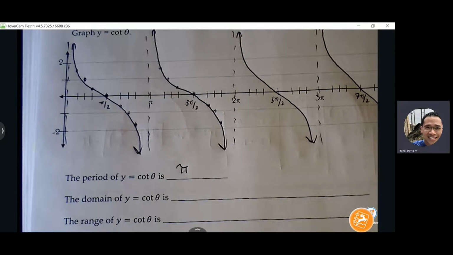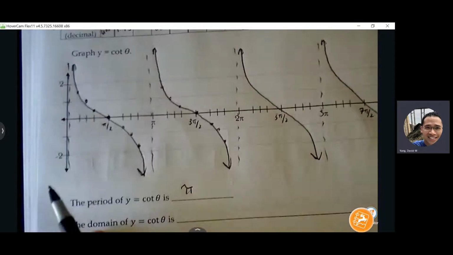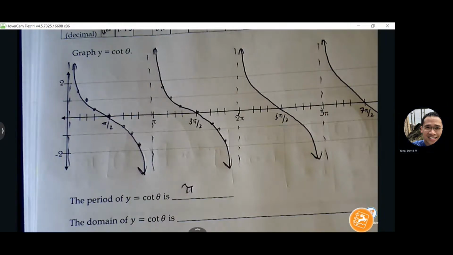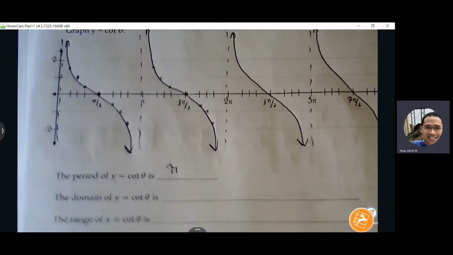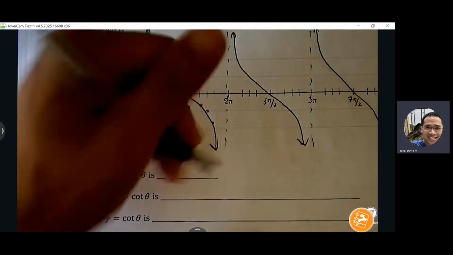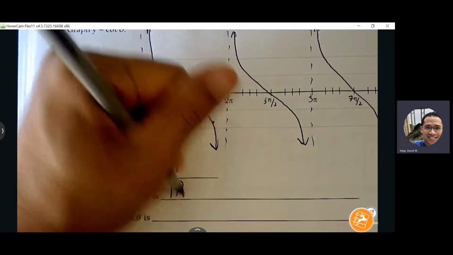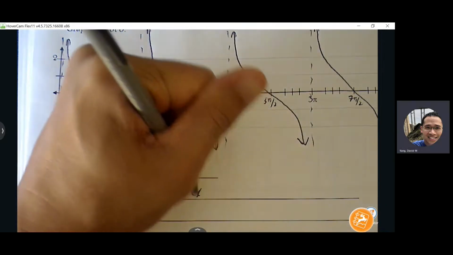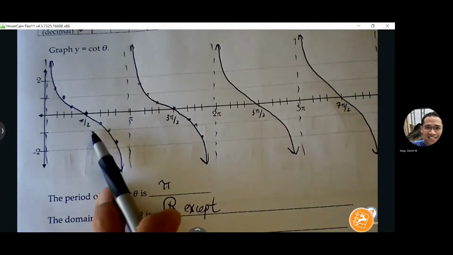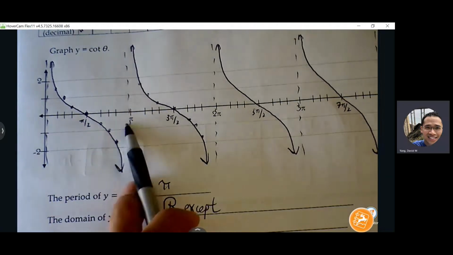Domain. So domain, we would say it's all real numbers, except we got to worry about the pi. And this is similar to what we saw with cosecant, right? That we have to kind of have a rule to name all these vertical asymptotes. So similarly, we're going to say all real numbers except 0, pi, 2 pi.